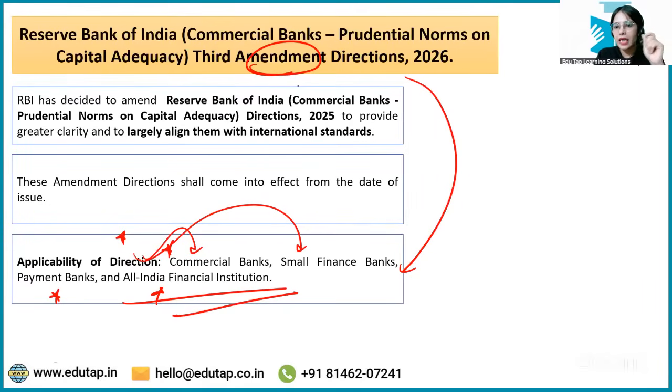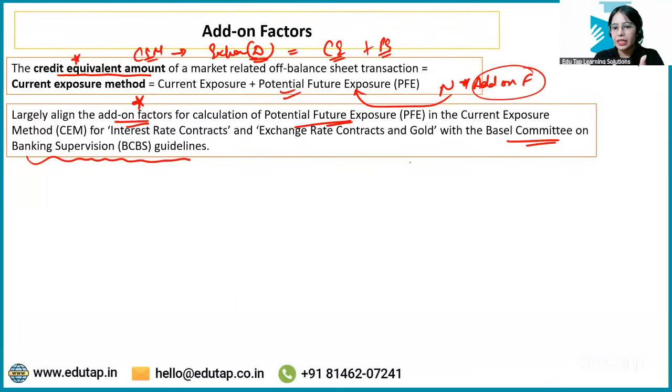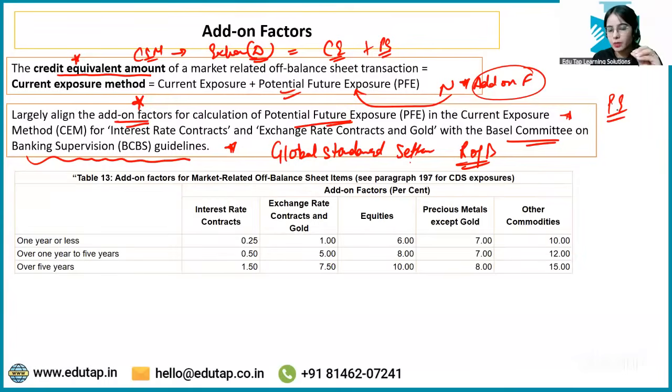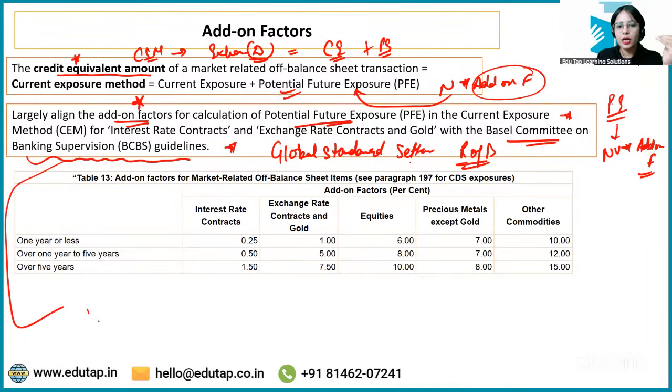The RBI has amended the directions so that they can be aligned with international standards, and the Basel Committee on Banking Supervision is the global standard setter for the regulation of banks. The guidelines state that if you want to see the potential future exposure, you have to take the notional value multiplied by the add-on factor. And these add-on factors that the RBI has provided are on the basis of the global standards. Got it?